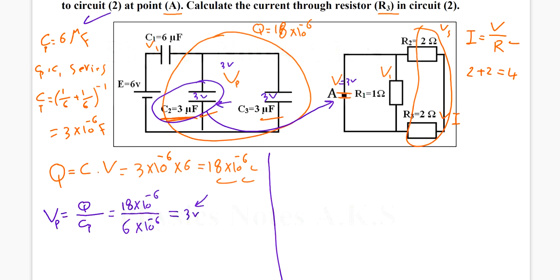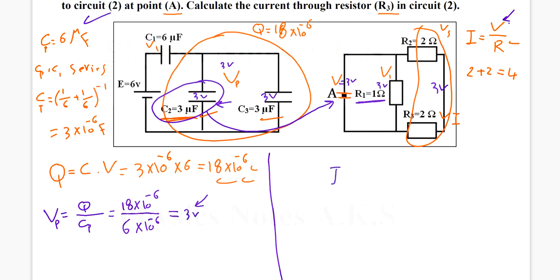Pay attention that the power supply is connected in parallel with R1 and in parallel with the combination of R2, R3, which means here is going to have 3 volts and here all of it is going to be 3 volts. It means the voltage right here is actually also 3 volts.